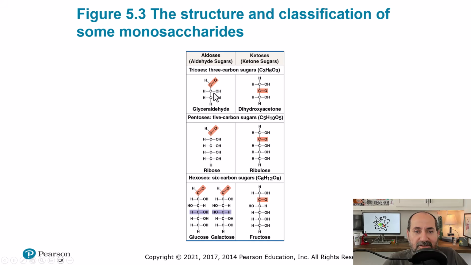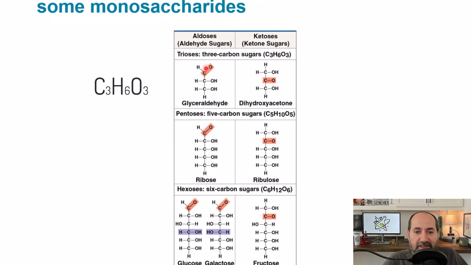So here you can see the different sugars that I was just talking about. Here you have glyceraldehyde. Remember, this was C3H6O3. Right below it, you have the 5-carbon sugar ribose, C5H10O5. And then below that, glucose.